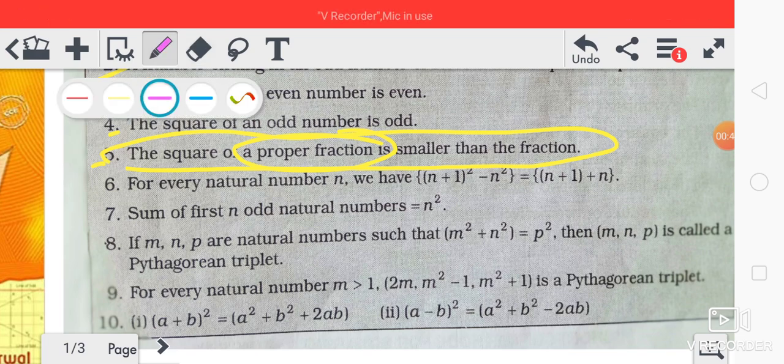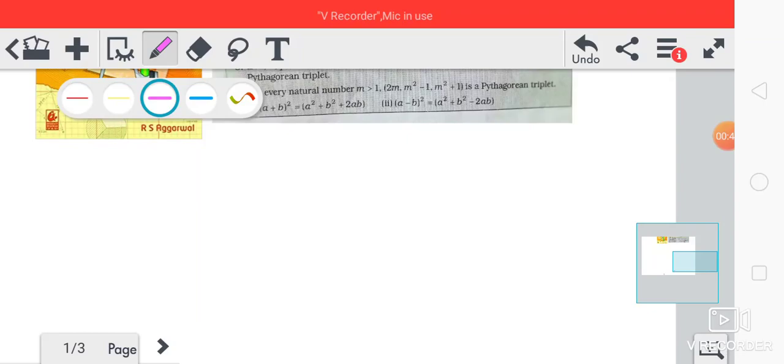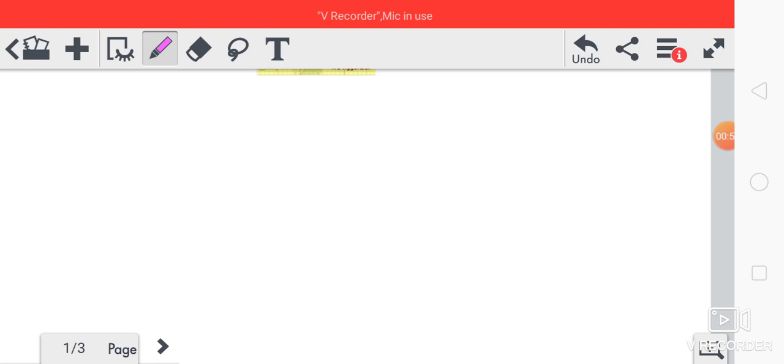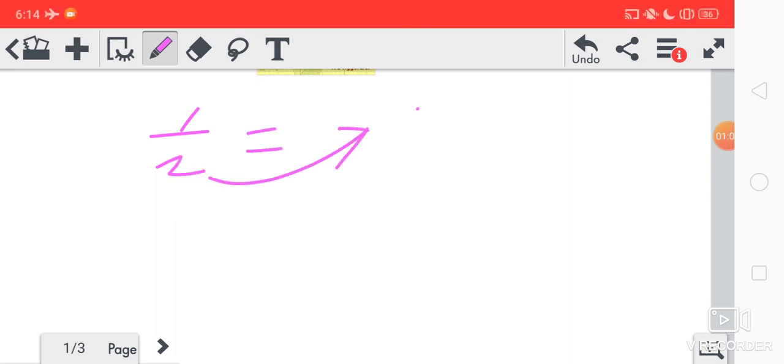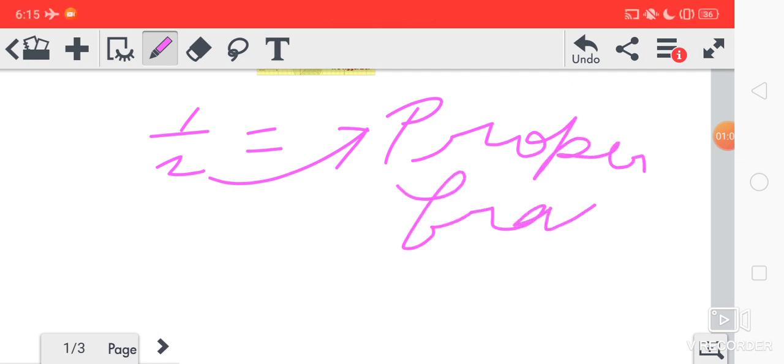You must have studied proper and improper fractions in your junior class, but still, I would like to give you one example. A proper fraction means 1 by 2. Why is it a proper fraction?